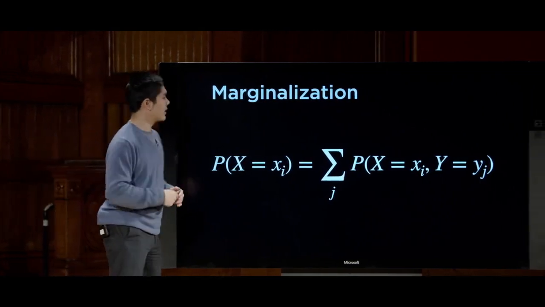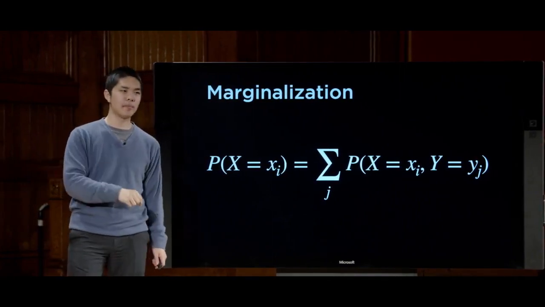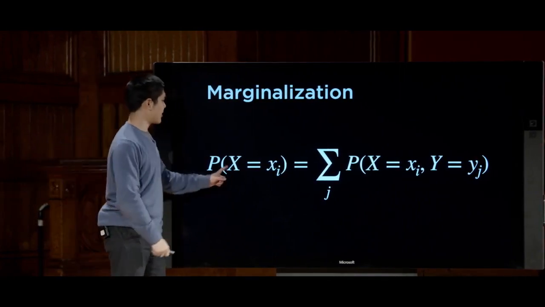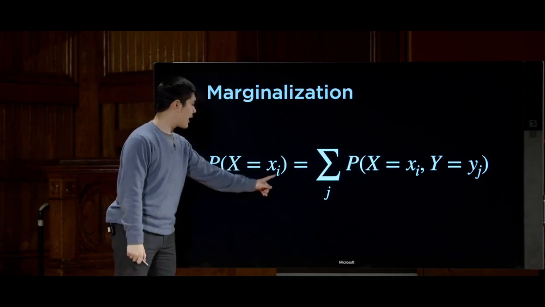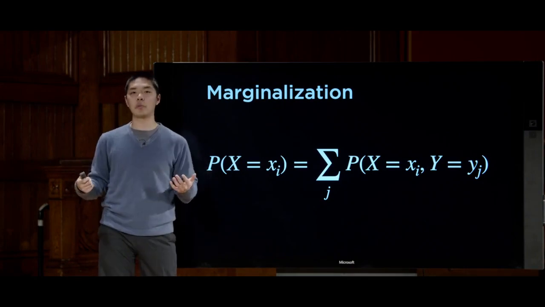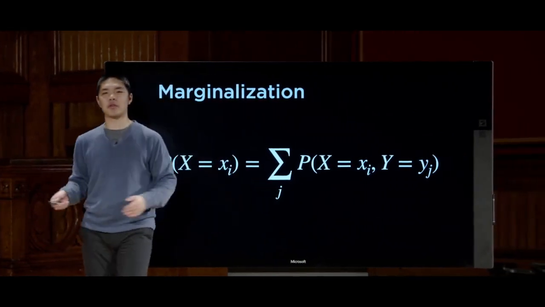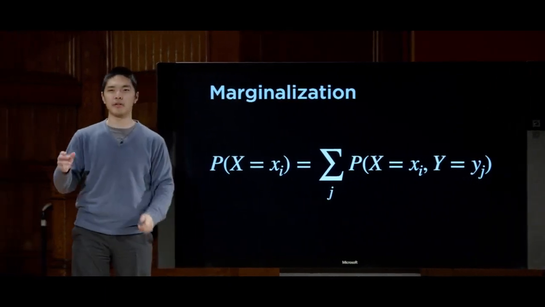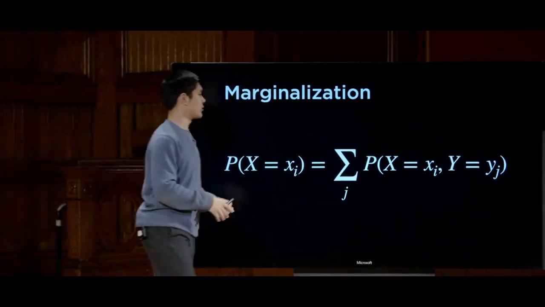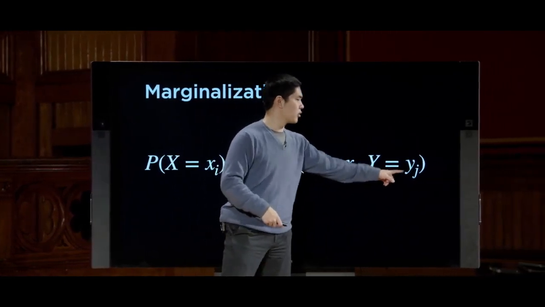What I'm saying here is that if I have two random variables, one called X and one called Y, well, the probability that X is equal to some value x sub i, this is just some value that this variable takes on, how do I figure it out? Well, I'm going to sum up over j, where j is going to range over all of the possible values that Y can take on. Let's look at the probability that X equals x_i and Y equals y_j.